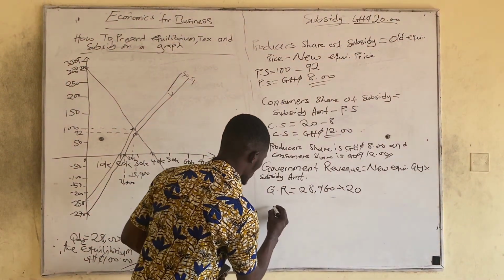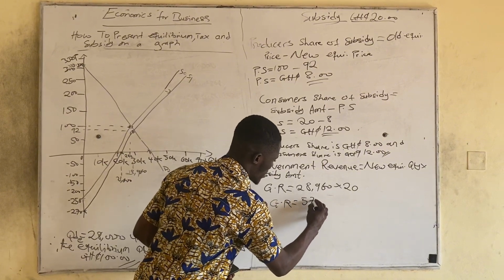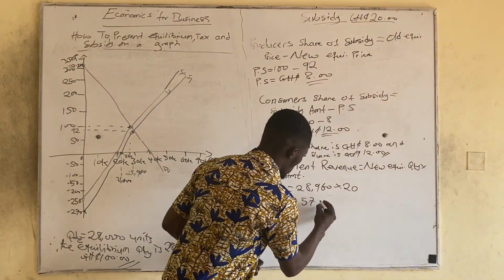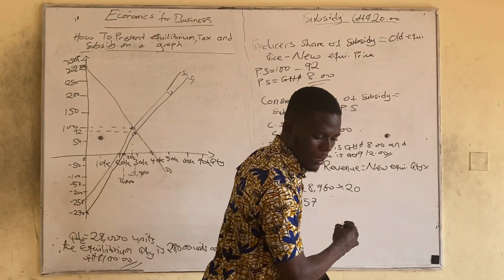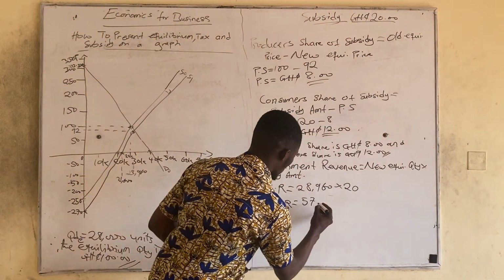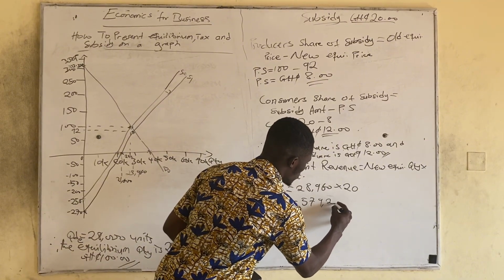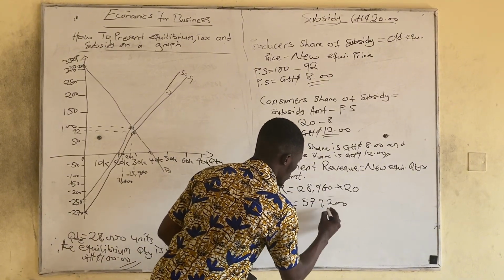We will get government revenue to be 579,200.